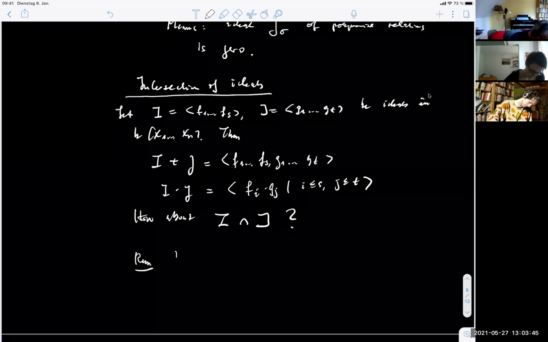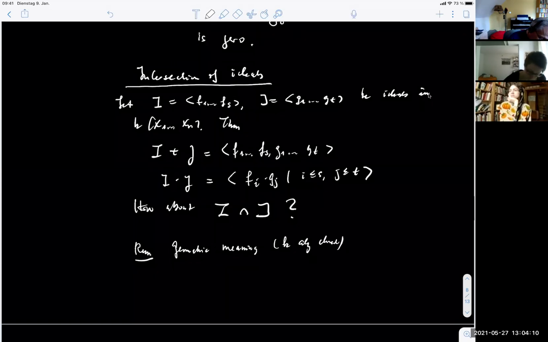So what is the geometric meaning? If I say geometric meaning, I now assume the field is algebraically closed, so I don't have any trouble.